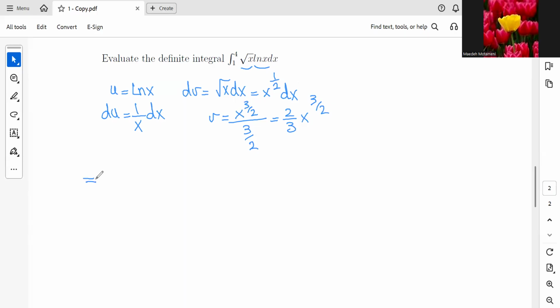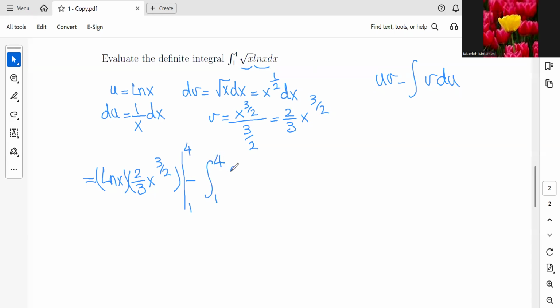Now, following the formula, which says uv minus the integral of v du, we have u, which is ln of x, times v, which is 2 over 3 x to the power 3 over 2, minus, this will be from 1 to 4, the integral from 1 to 4 of v, 2 over 3 x to the power 3 over 2, times du, which is 1 over x dx.